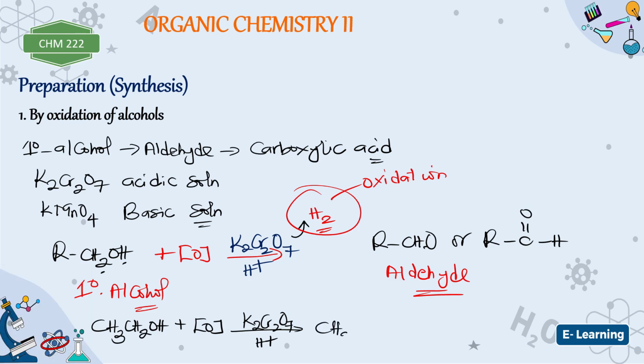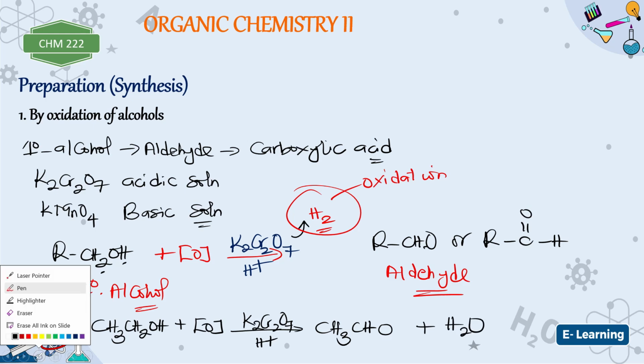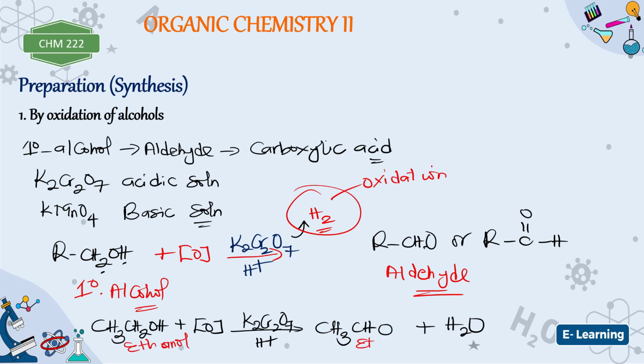This is going to give us CH3CHO, plus water. So when ethanol is oxidized, it gives us ethanal. Now, if care is not taken, this ethanal can be oxidized to give us ethanoic acid. But if it is controlled oxidation, it is going to end at that junction there. Are you getting it now?